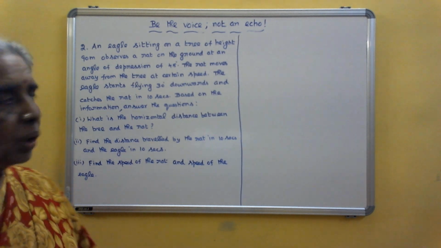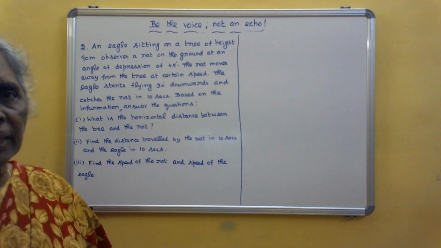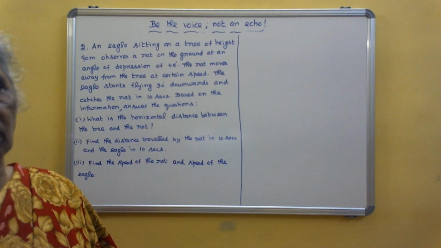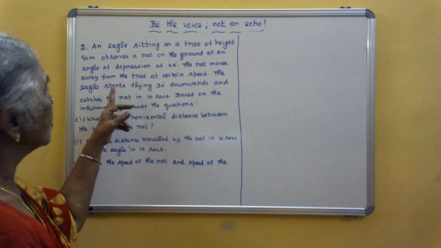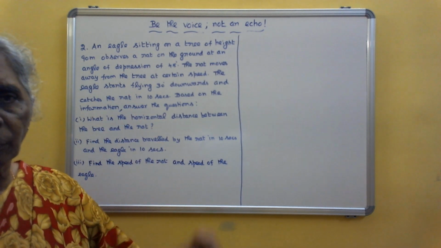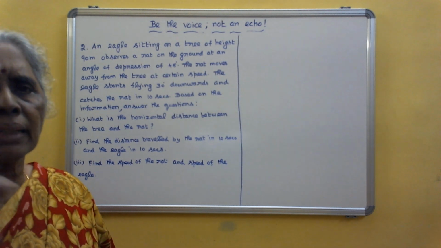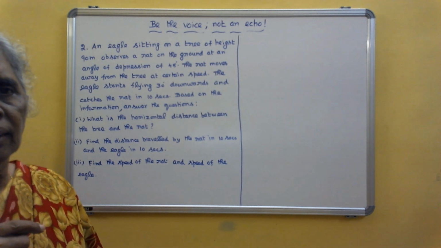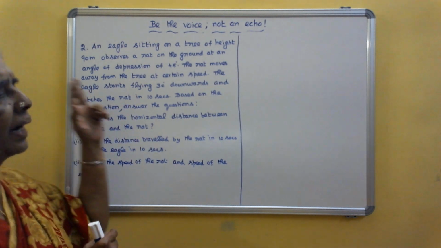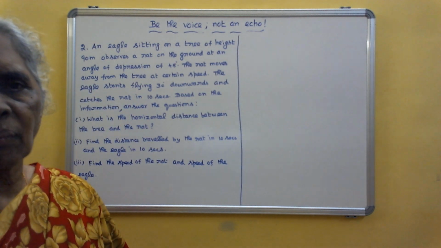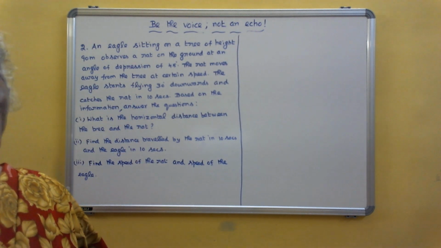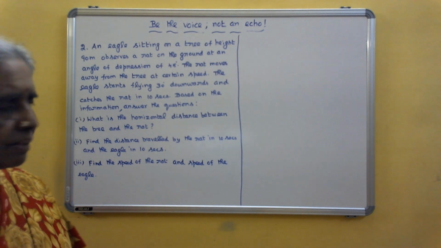The rat moves away from the tree at a certain speed. The eagle starts flying 30 degrees downwards and catches the rat in 10 seconds. Based on the information, answer the questions.